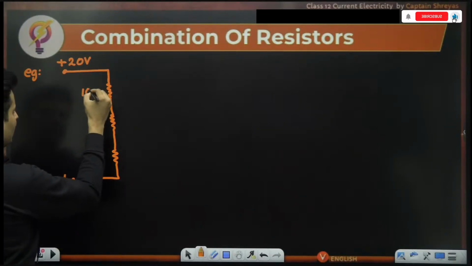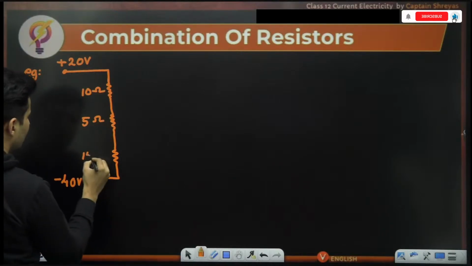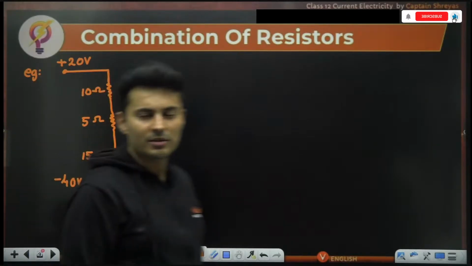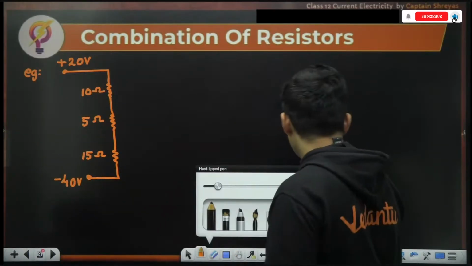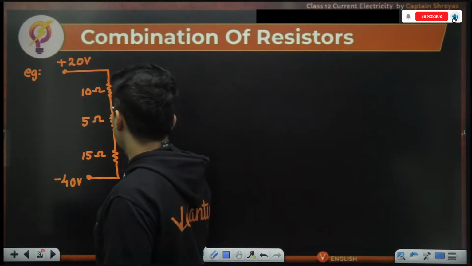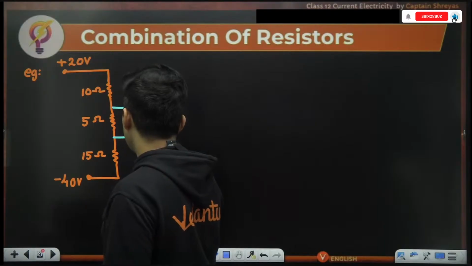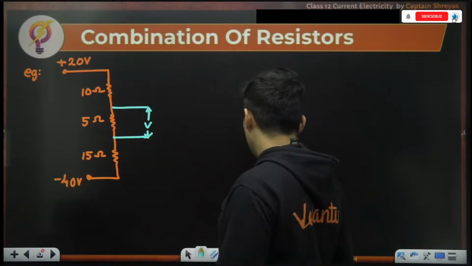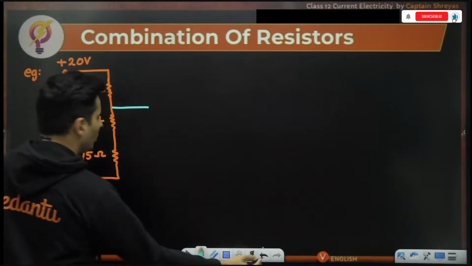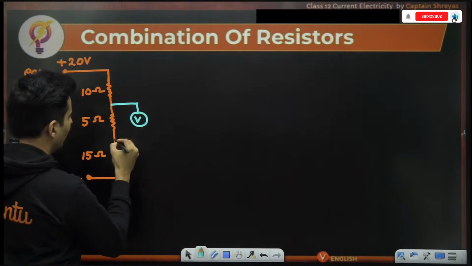Let's say this is 10 ohm, this is 5 ohm, this is 15 ohm. I have just taken some random values. Now, if somebody asks you, can you figure out what is the voltage across this 5 ohm resistance? It can be alternatively said that, listen, I have put a voltmeter.